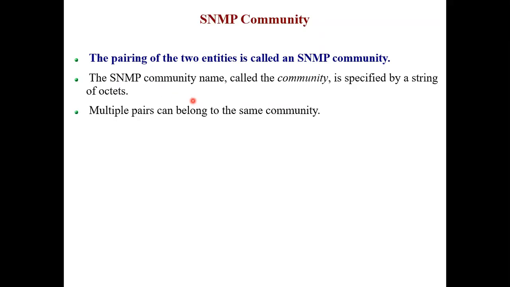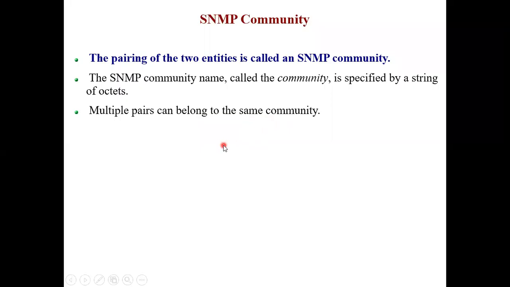So the SNMP community name, if I give a name to one particular community, is specified by a string of octets. Remember we had various kinds of data types. So the community name is a name, given by a string of octets, and multiple pairs can belong to the same community.